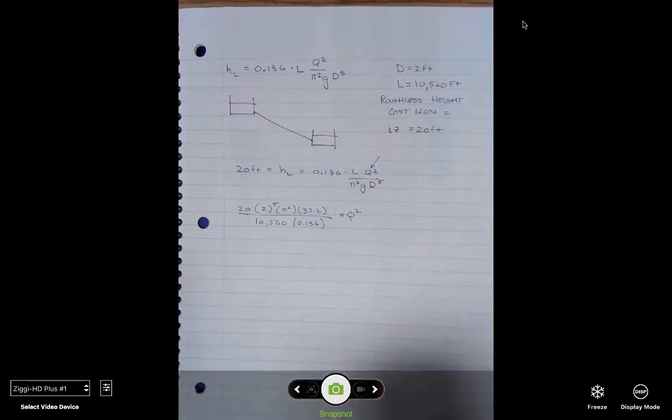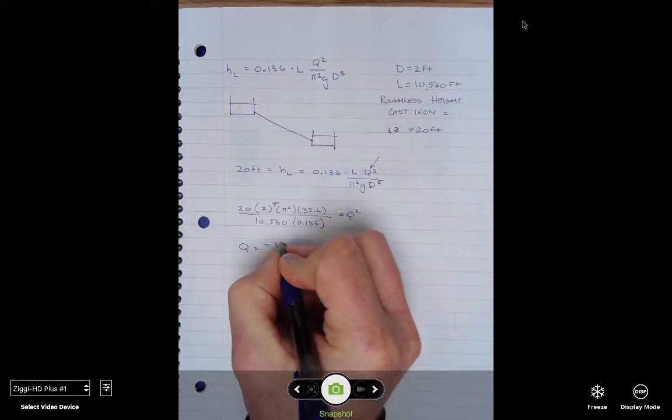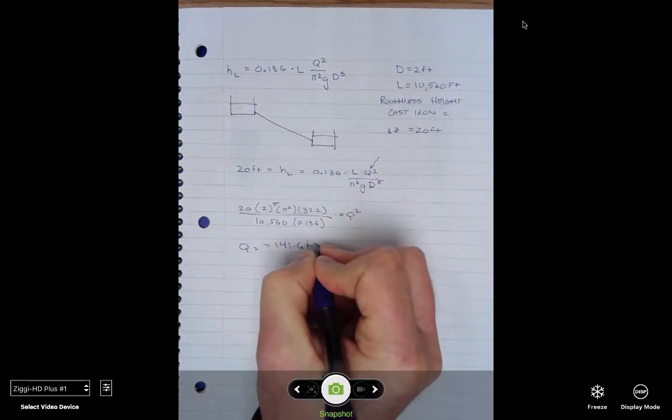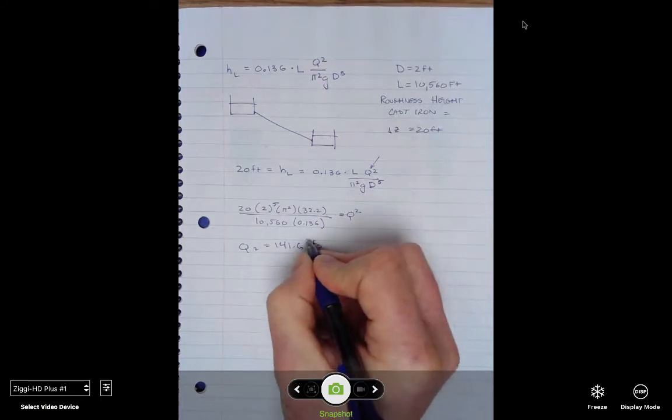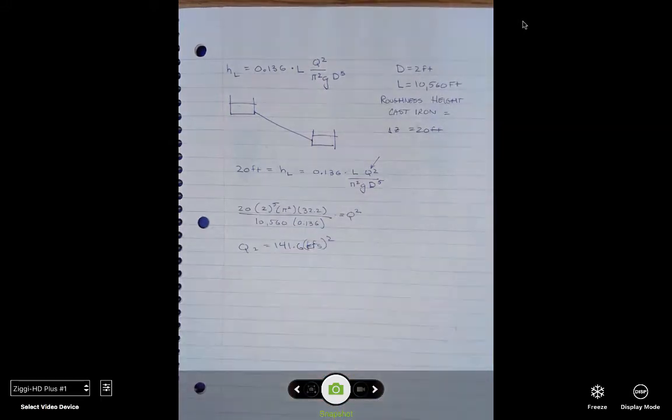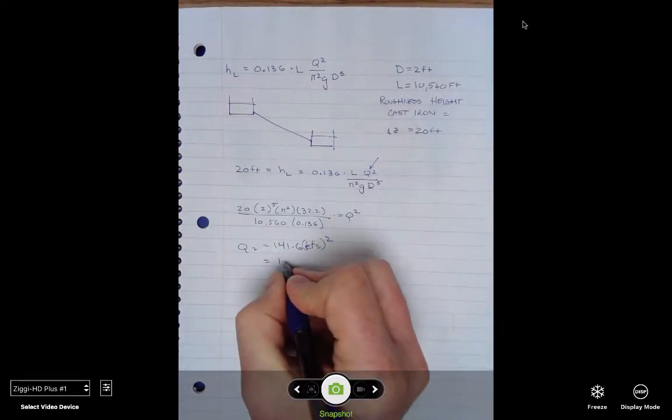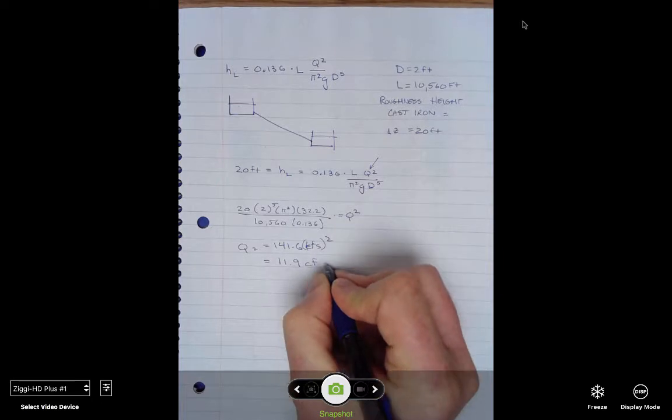So I get Q squared equals 141.6 cubic feet per second squared, and you take the square root of that, which is 11.9 cubic feet per second.